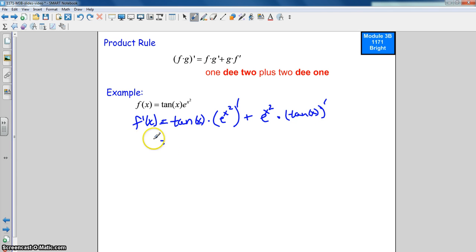So, let's see, continuing this. Tangent of x, I just recopy that.